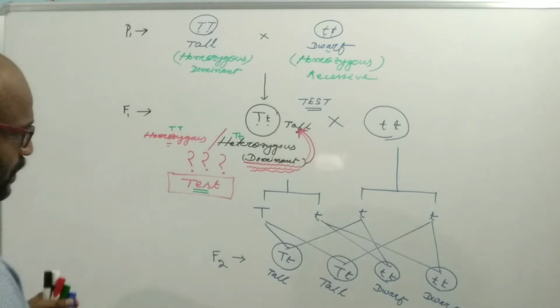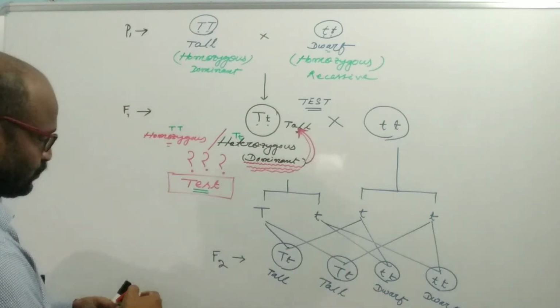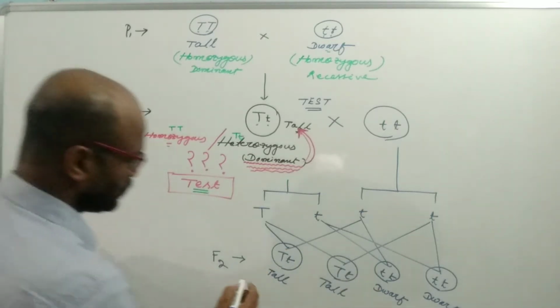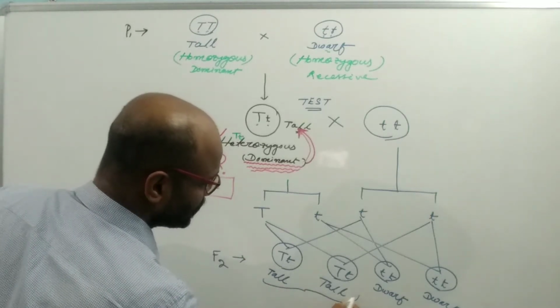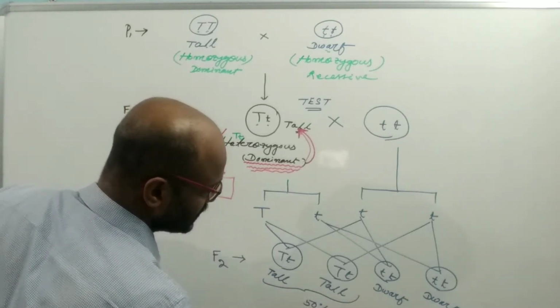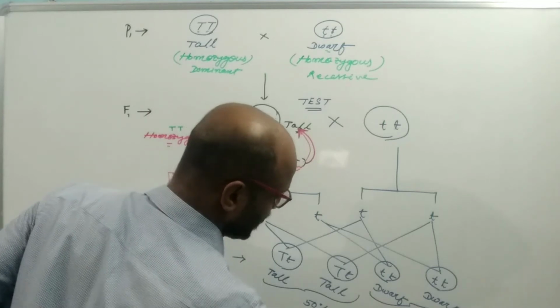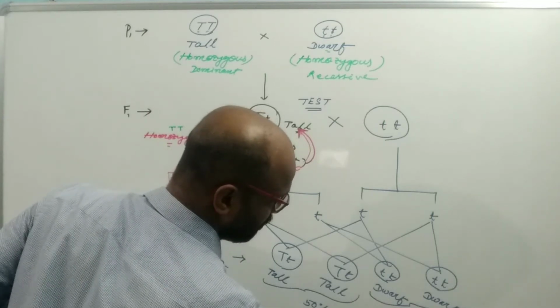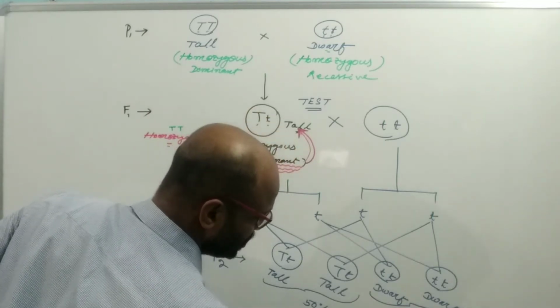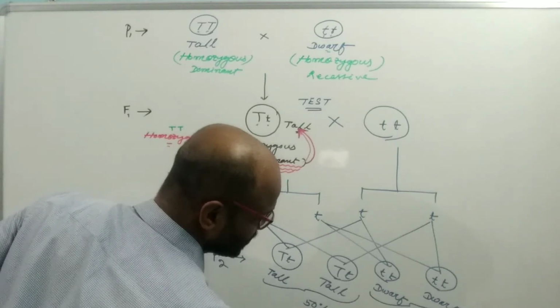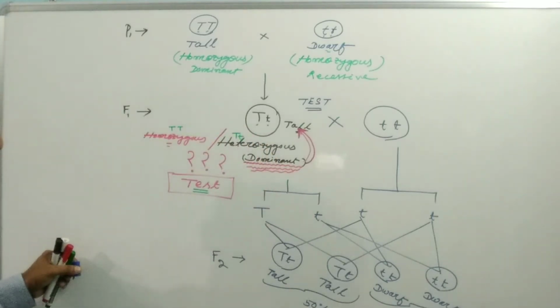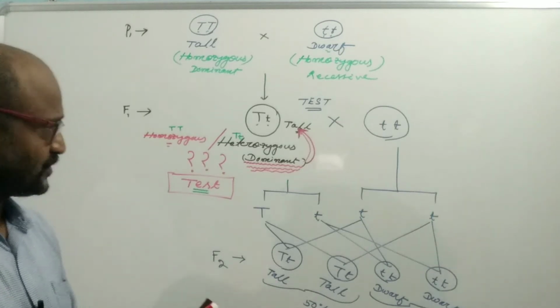Here four offspring are produced: the dominant expression tall 50% and the recessive dwarf expression 50%, and the ratio will be 1:1. This is the phenotypic ratio of the test cross.